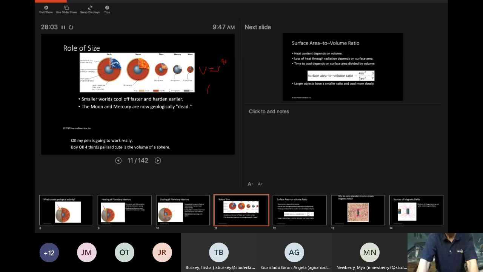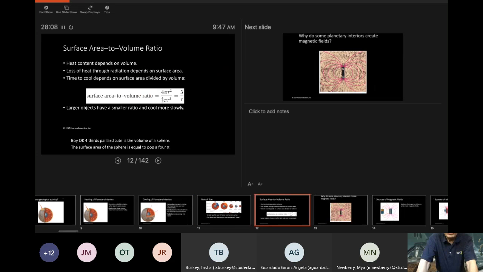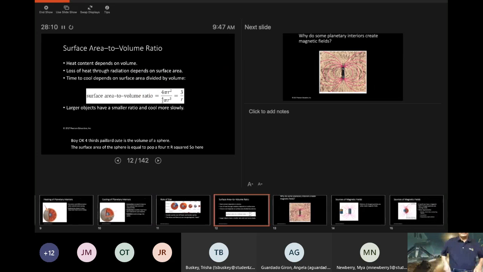The surface area of the sphere is equal to 4 pi r squared. So here is what's going on here. The ratio of surface area to volume is 4 pi r squared over 4/3 pi r cubed, and this results in a ratio of 3 to r, surface area to volume ratio.